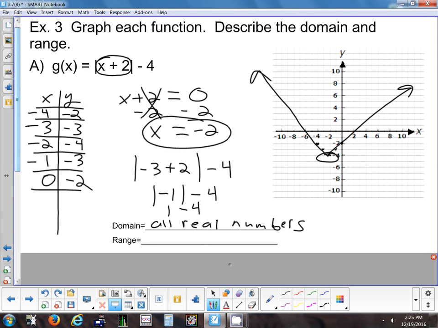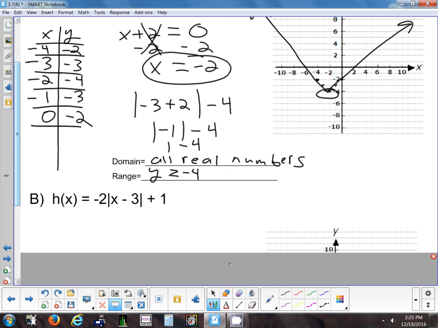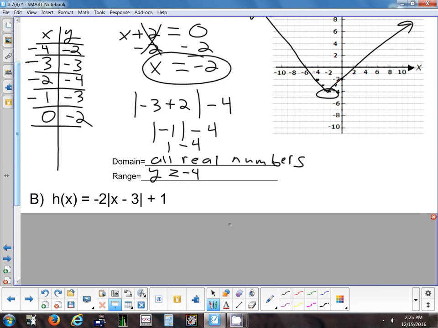Nope, I go higher than 0. Oh, I just keep going, right? Any number that's bigger than or equal to -4. So guys, when you do the range, you're always going to do that y greater than or equal to, always. Not always. Not always.